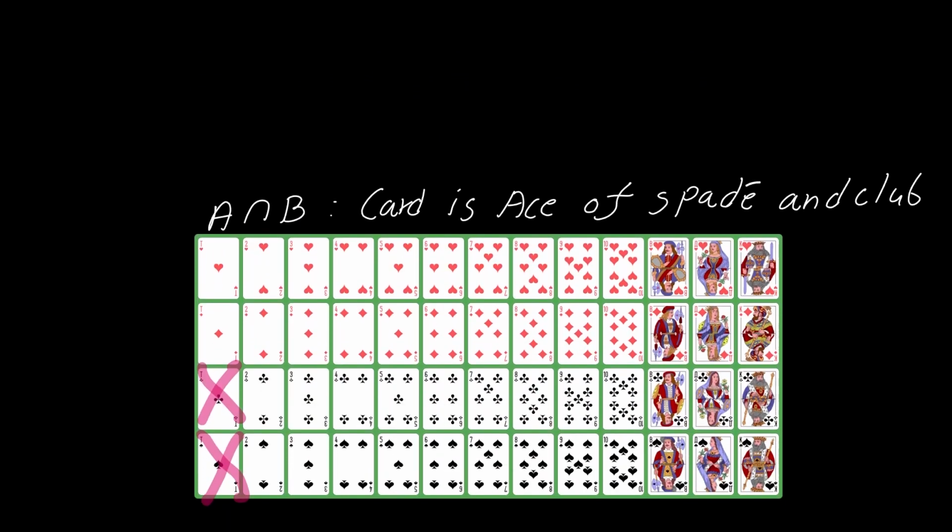A intersect B: the event that the card is an ace of spades or clubs. When we intersect the ace subset with black suits, we are left with two black suit aces.